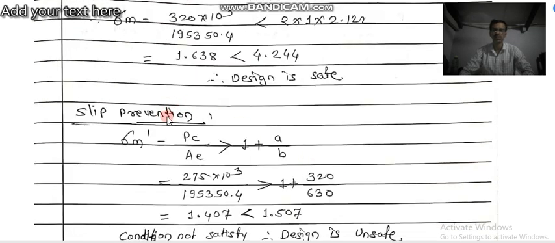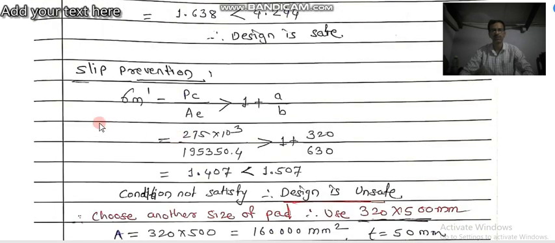Let's move towards the next step, that is slip prevention. As slip prevention, again you have to satisfy two conditions. Sigma m dash is equal to PC by AE must be greater than 1 plus A by B. So PC is 275, that is vertical sustained load, divided by this AE, must be greater than 1 plus 320 by 630.